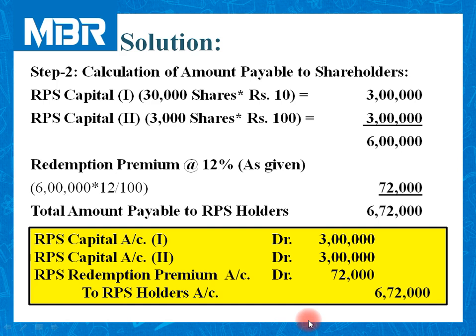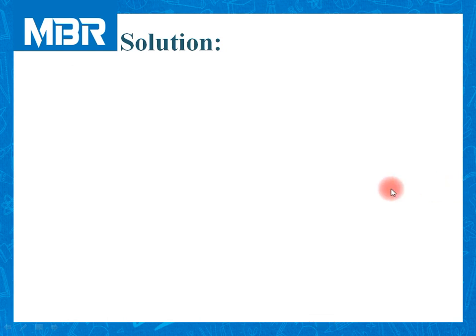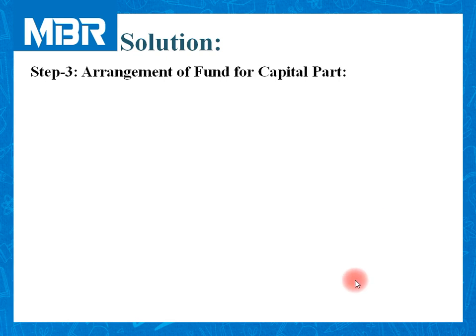We have already done the calculation related to payment of RPS holders, and the amount is rupees 6 lakhs 72,000. Before payment, we need to adjust the amount, and this adjustment is available to us in step number 3 and step number 4.